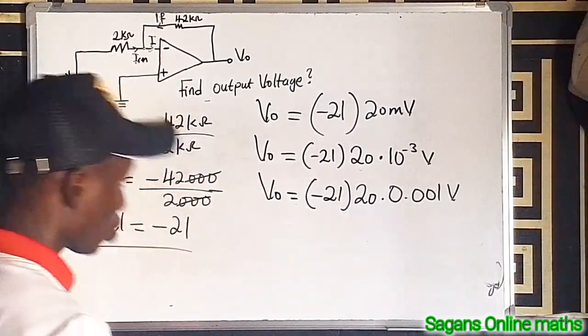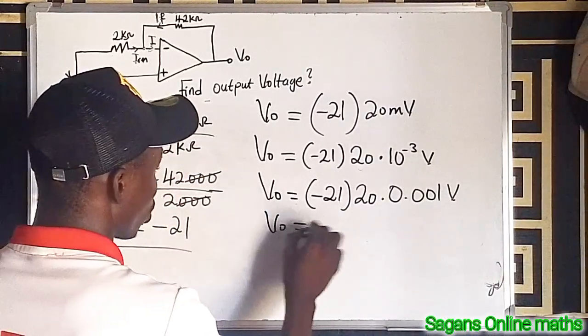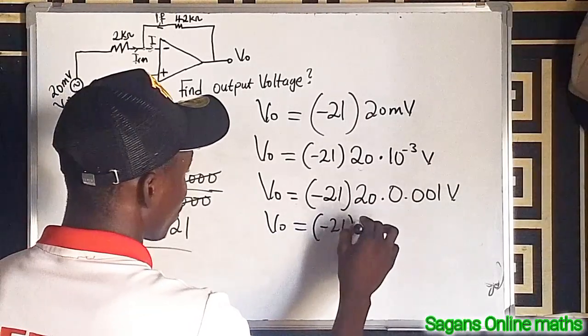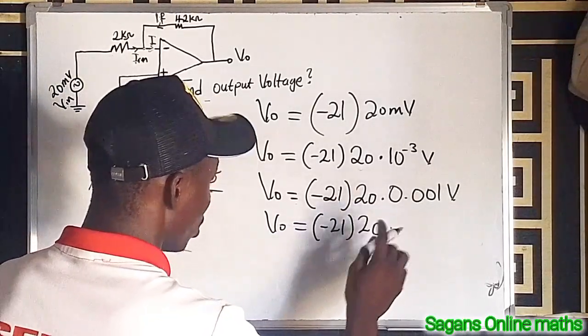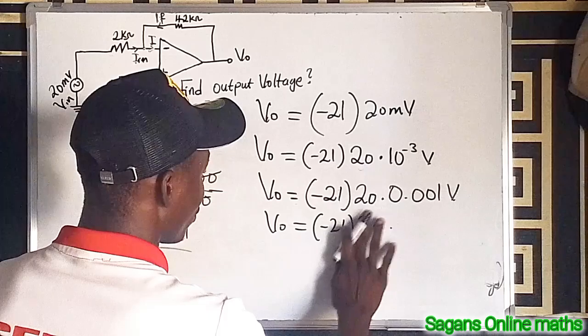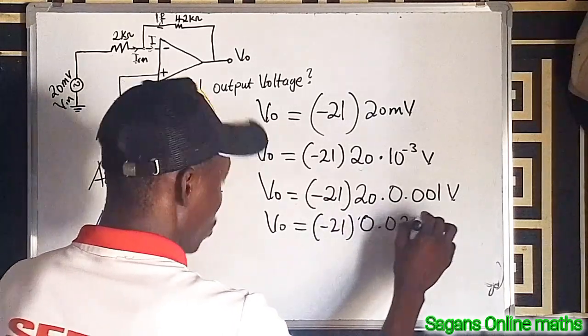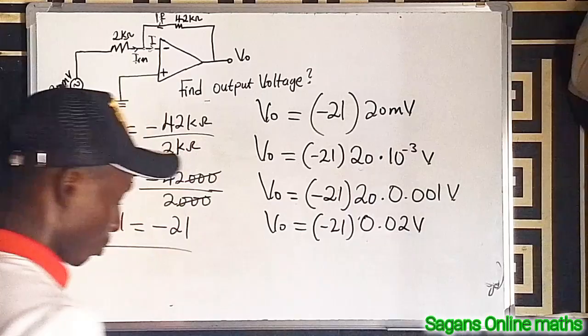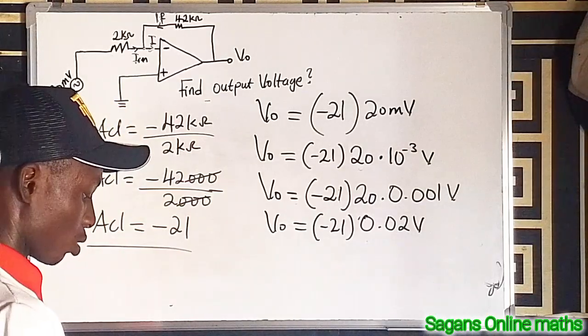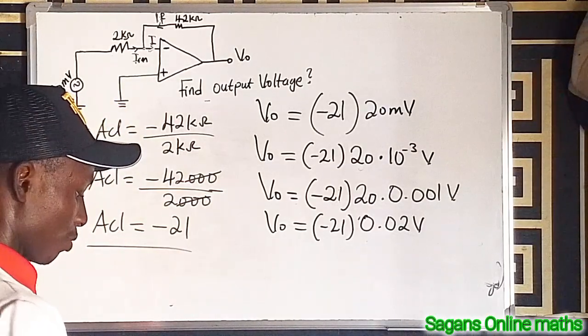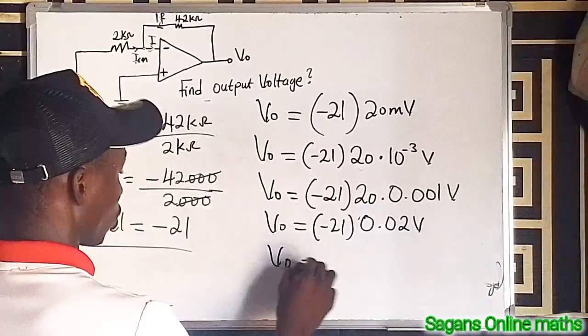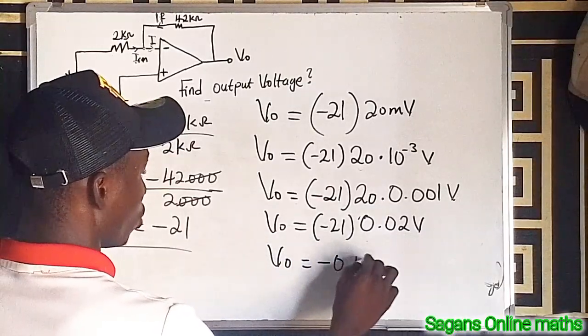I have 0.02 volt. Let me multiply by minus 21. I have V_out equal to minus 0.42 volts.